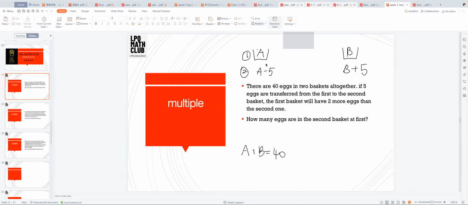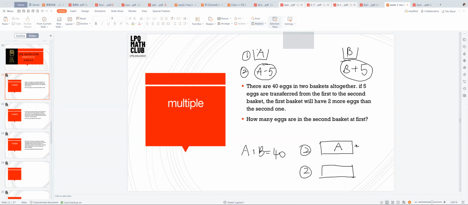也就是说 after 5 eggs go from basket A to basket B, basket A still has 2 more than basket B. So if we draw this, this is basket A, second step, and this is basket B, second step. Oh my God, I cannot draw.